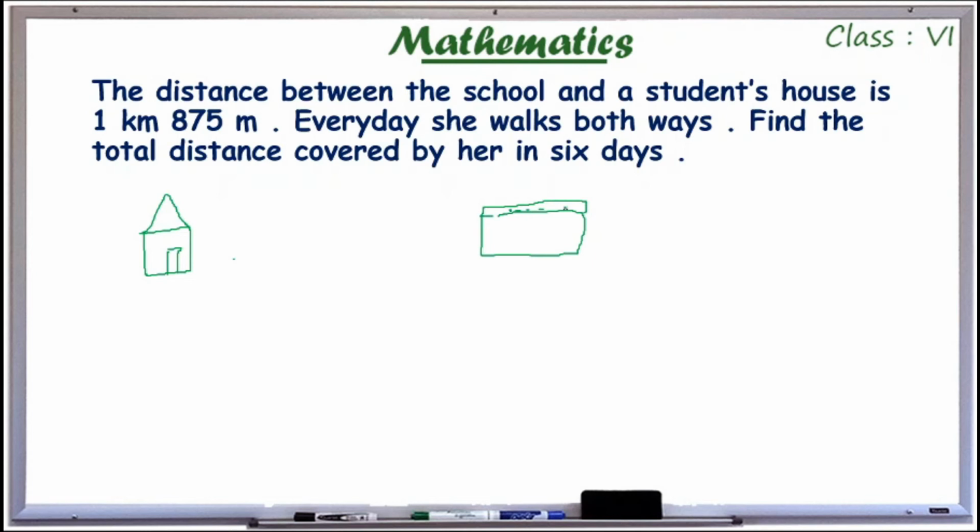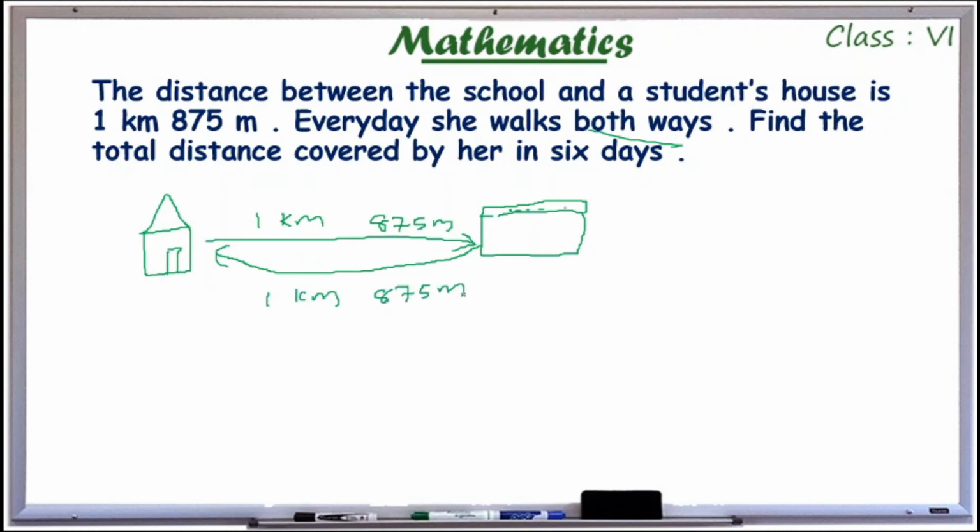So the distance between home and school is 1 kilometer 875 meter, and she has to walk both ways. So returning to home, she also walks 1 kilometer 875 meter. So first thing is converting kilometer to meter.